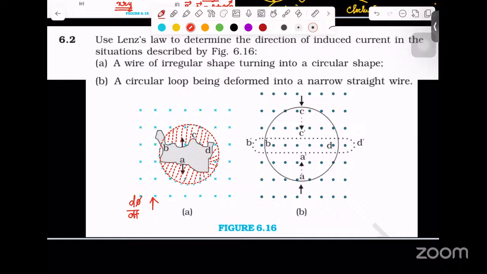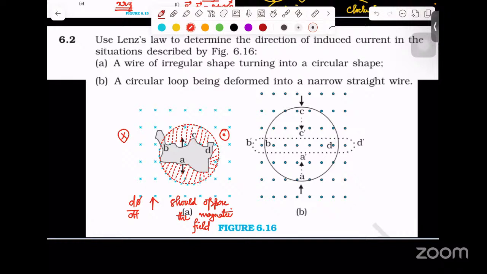So that opposing current should oppose the magnetic field. The magnetic field is along into the paper, okay? So the induced current should be in such a way in the circular loop that the magnetic field will come outside the induced current, okay?